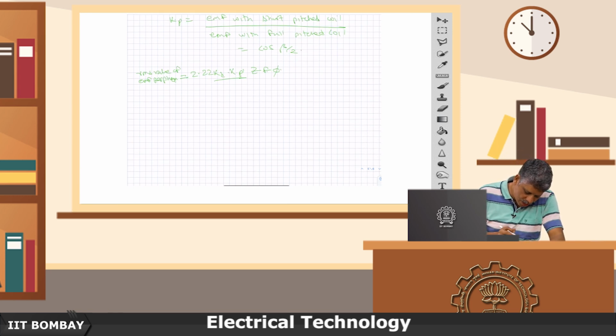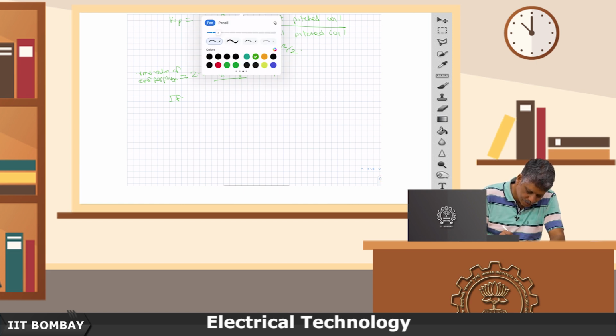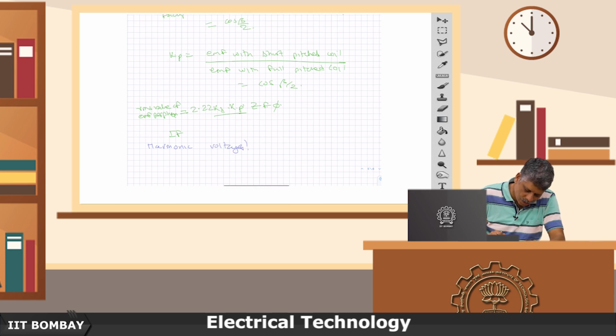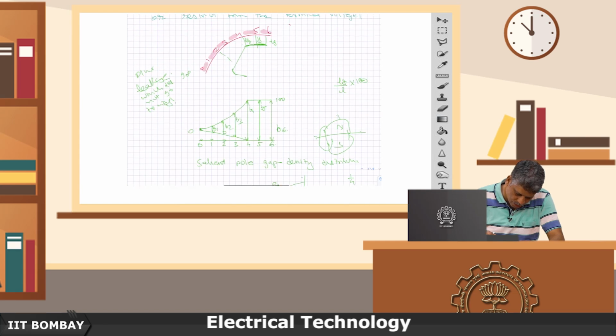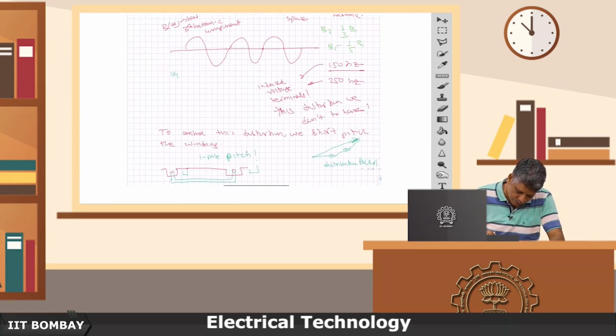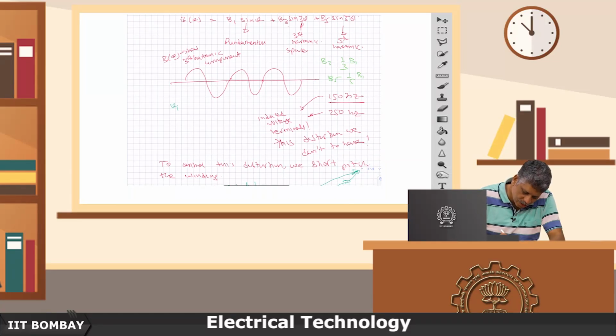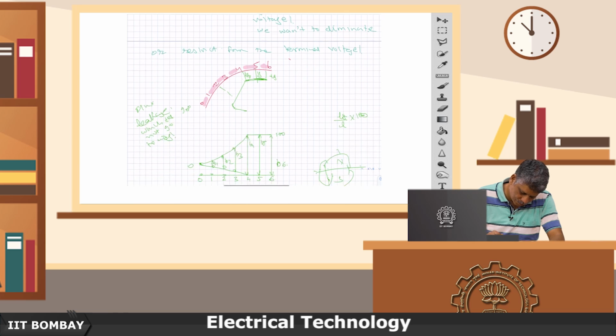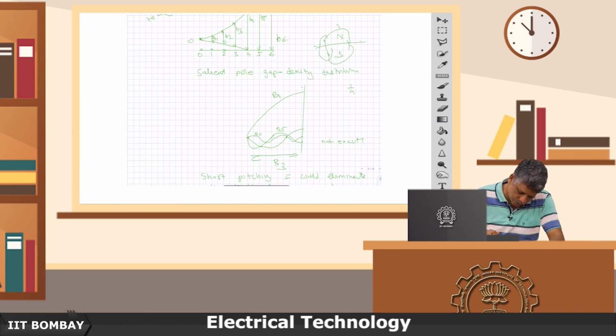Now, let us say we are talking of harmonic voltages. I have already told you earlier that space harmonics basically give you a multiplier effect of n, 3 times for the third harmonic, 5 times for the fifth harmonic and so on.